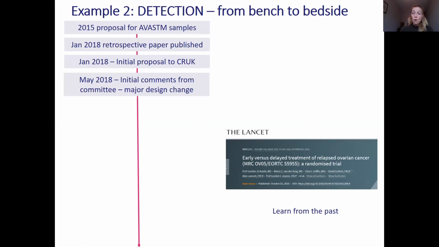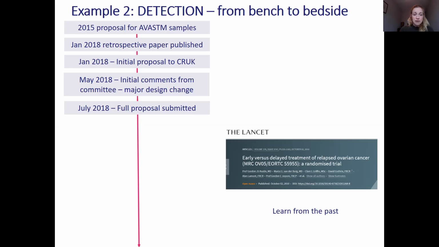It's quite a similar design, and I emailed Professor Rustin, and he was so helpful and gave us the trial protocol and everything. So it's definitely worth looking back at the past, especially at clinical trials, because they might have really good, efficient designs that are relevant to your question.